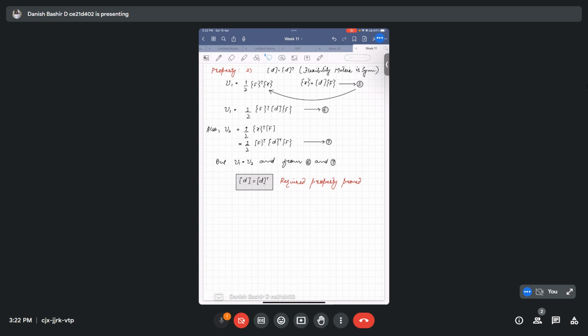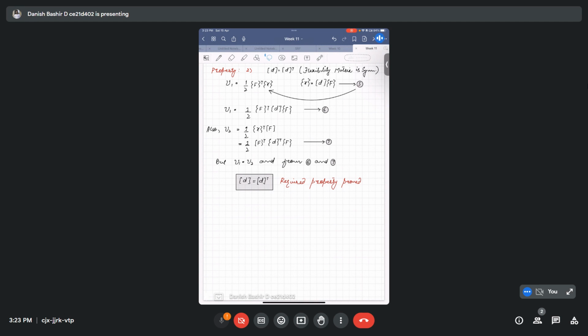So moving forward, we have orthogonality of modes. I told you that while solving the eigenvalue problem for our multi-degree of freedom systems, we solve k minus omega square m is equal to 0.